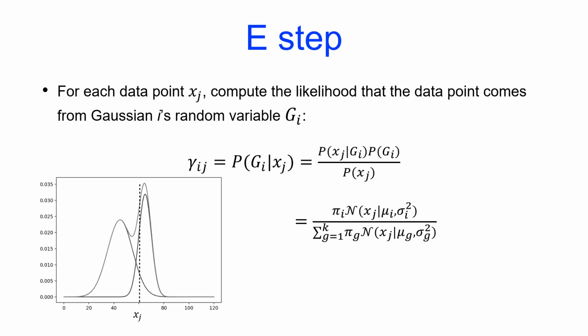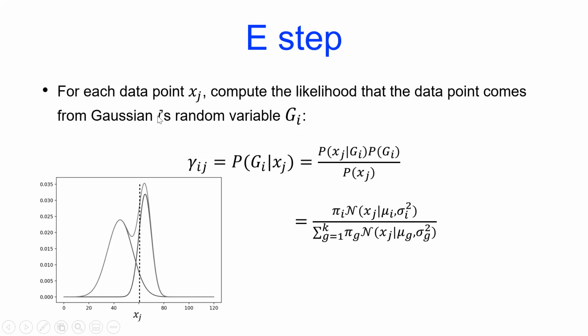You just go back and apply these two calculations. First, you randomly start and assign your mu, your sigma, and your pi, based on your random initialization. Now what you want to do is plug into this formula and compute how likely a data point fits the ith component.